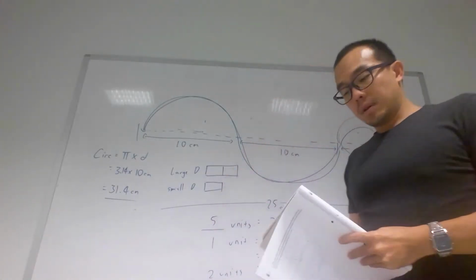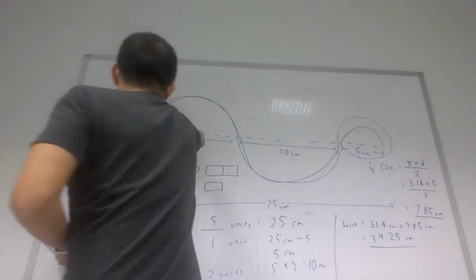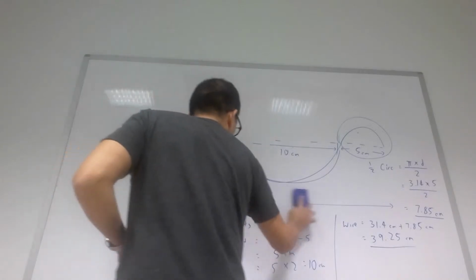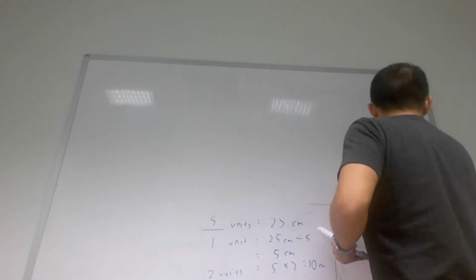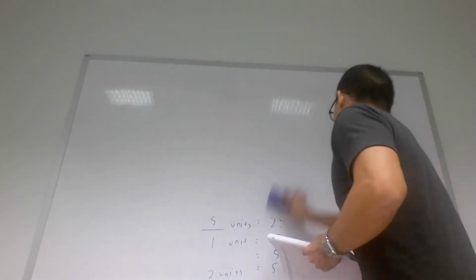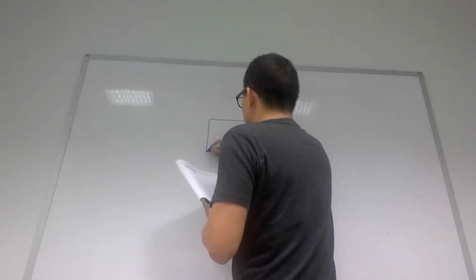Okay, let's go for question 4, okay? A field is made up of a rectangle and two identical turning circles.